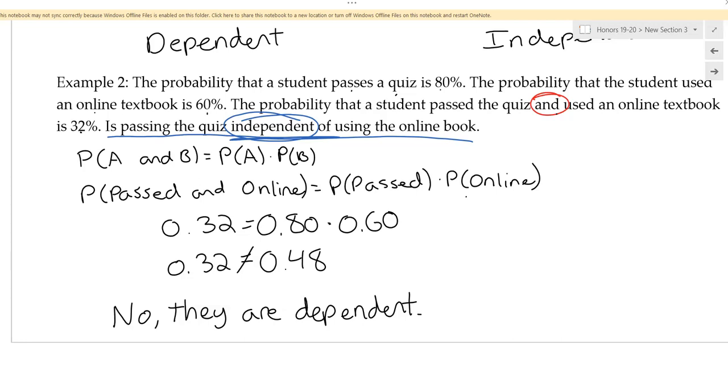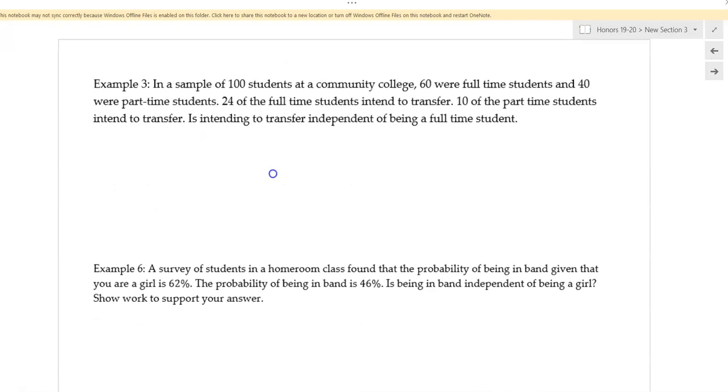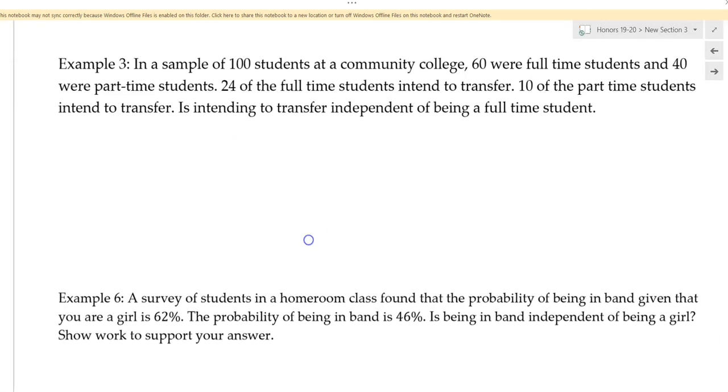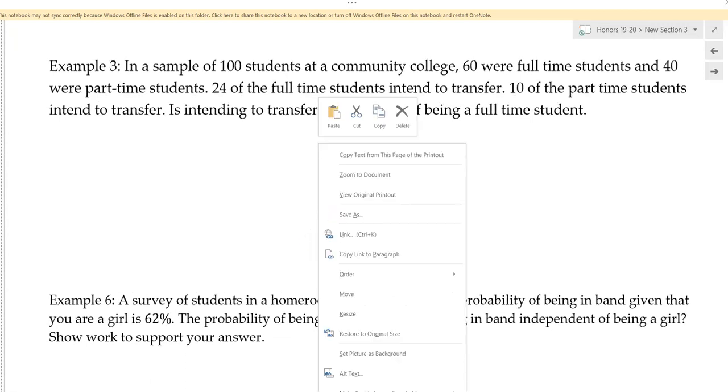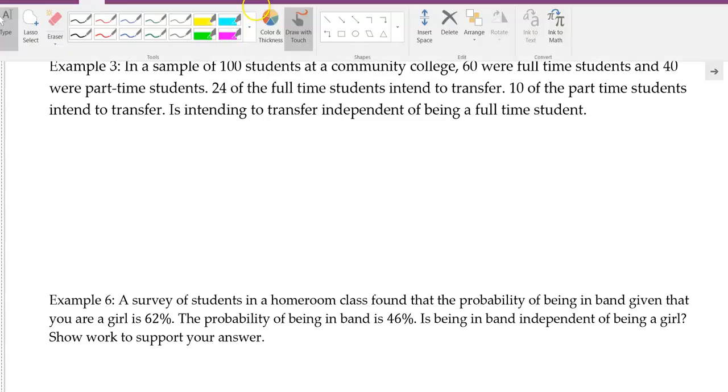All right, looking at our next example. In a sample of 100 students at community college, 60 were full-time students and 40 were part-time students. 20 of the full-time students intend to transfer. 10 of the part-time students intend to transfer. Is intending to transfer independent of being a full-time student?